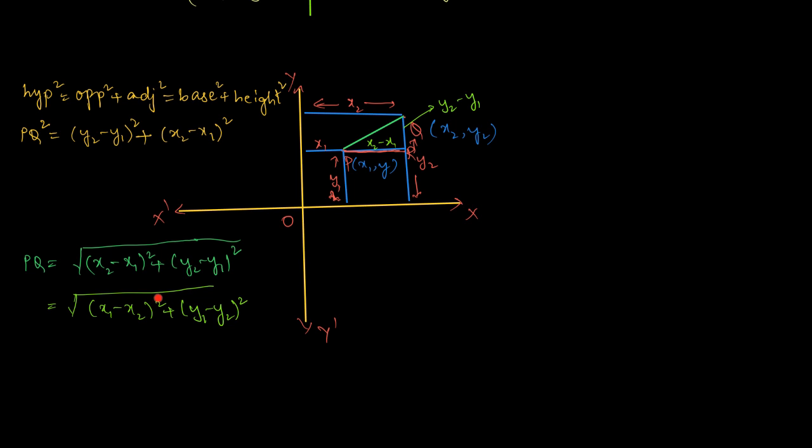Since we are squaring this term, writing x2 minus x1 or x1 minus x2 doesn't make any difference, because after squaring the value will always be positive. So this was the formula for finding the distance between any two given points in a coordinate axis. So see you in the next video. Thank you.